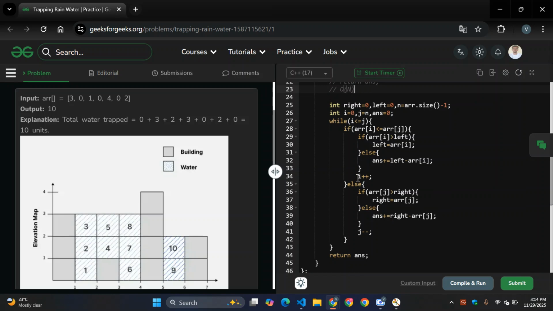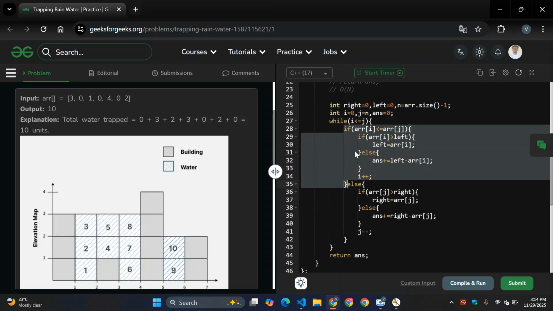Here I am declaring some variables. The first thing is that I am traversing from 0 to the nth index. Here the first condition is we traverse when the right side value is less than its left side value.